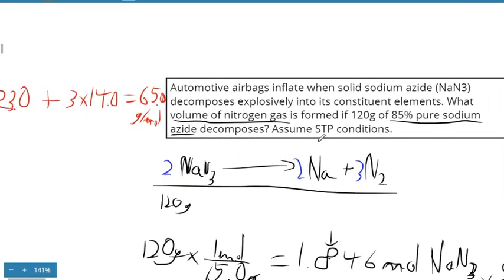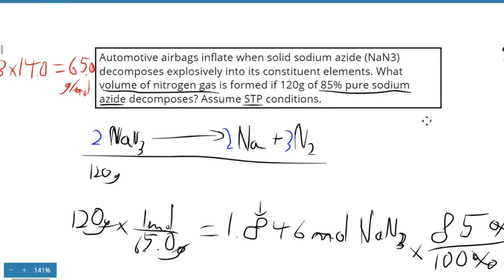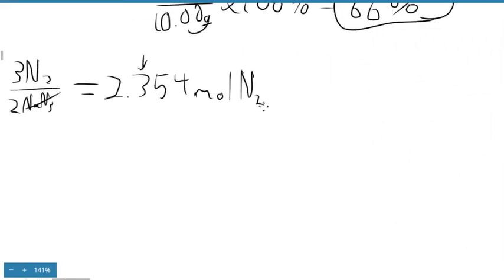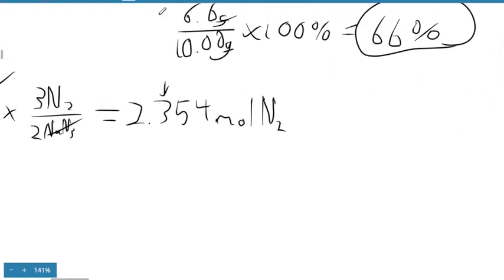How do we find the volume of the gas if we only have moles? Now remember, it says STP, so hopefully you memorized the formula for converting moles of gas to liters at STP. It is 22.4 liters over 1 mole.